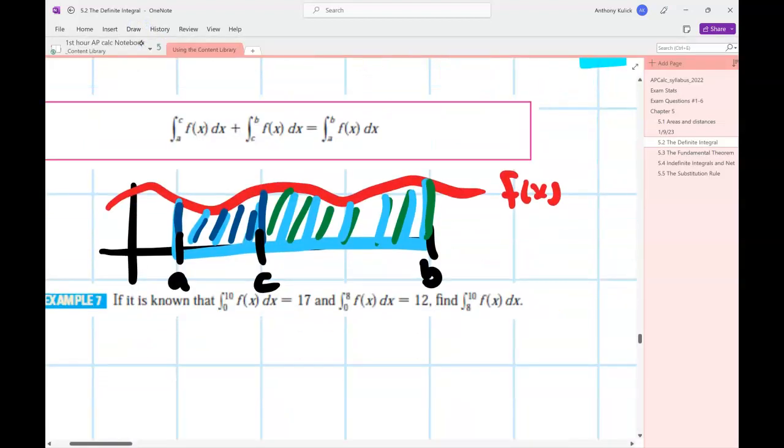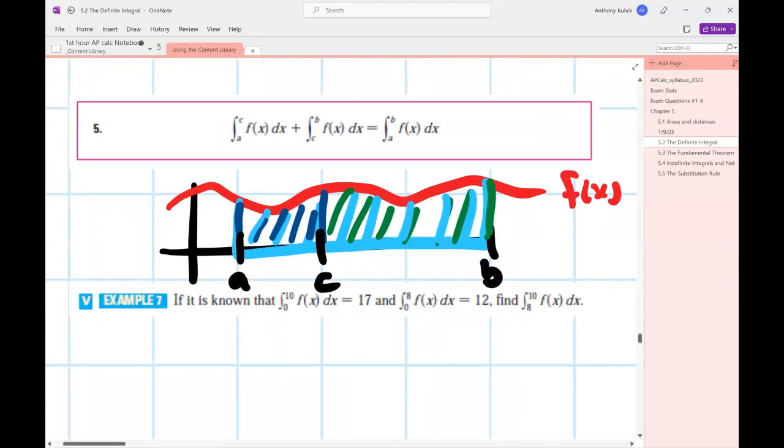All right, so let's do a quick example. It says, it is known that the integral from 0 to 10 of f of x dx is 17. The integral from 0 to 8 of f of x dx is 12. Find the integral from 8 to 10 of f of x dx.